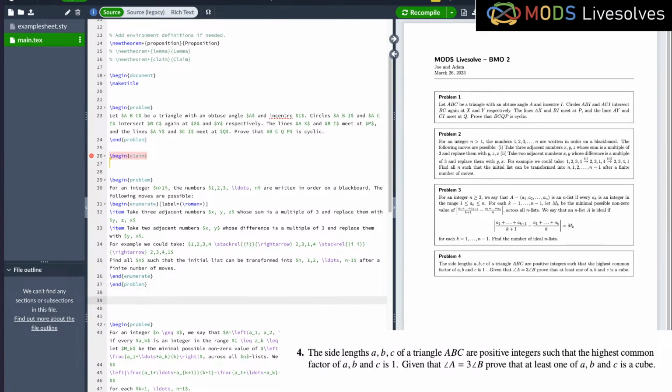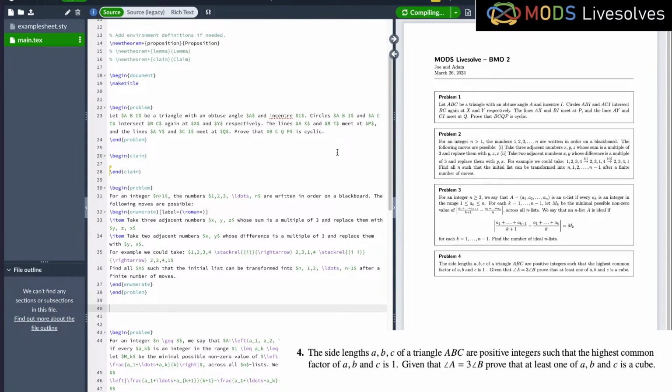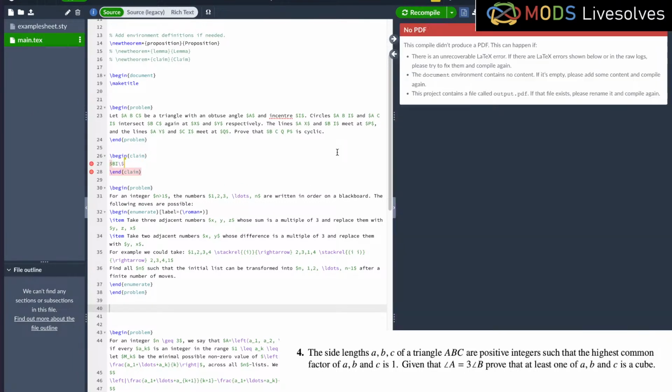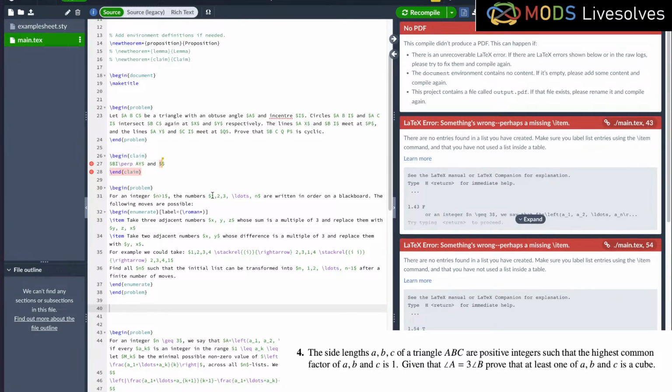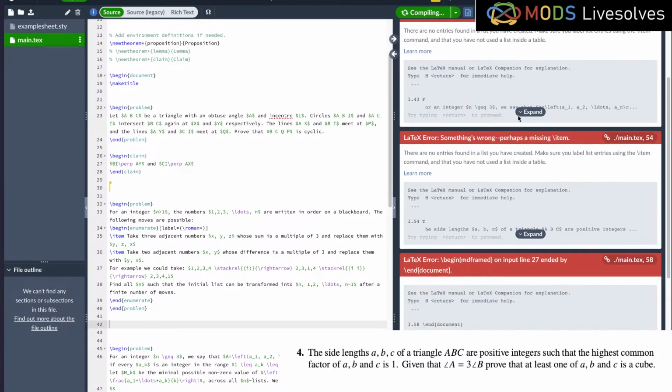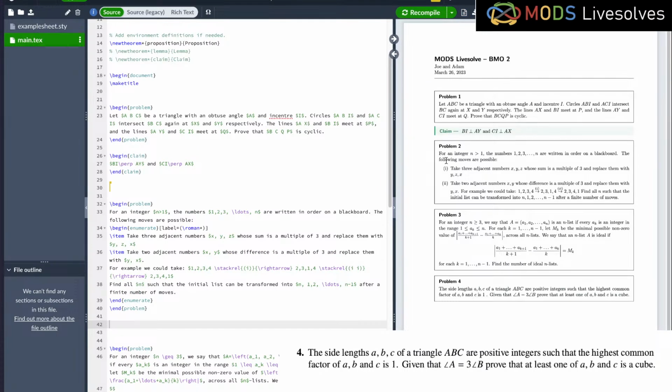You can just write it. Don't need to do any formatting. It's just fine. Oh, I made a mistake. What's it complaining about? Oh, it's because you're in the middle. There we go.